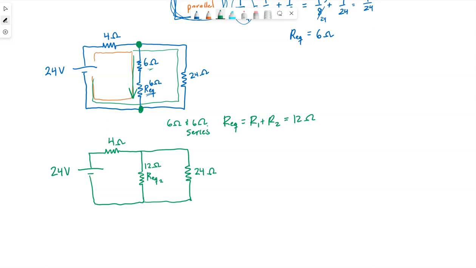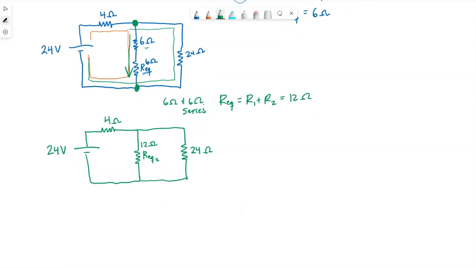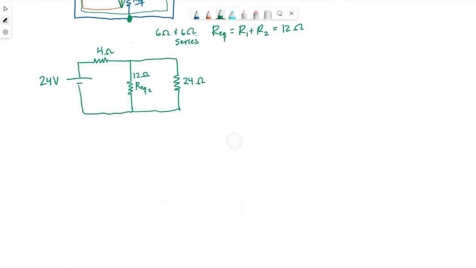Okay. So we're just simplifying this circuit on down. Now our path takes us through the 4 through 12 or through the 4 through 24. Between this junction and this junction, that's my choice. I can go through the 12 or the 24.